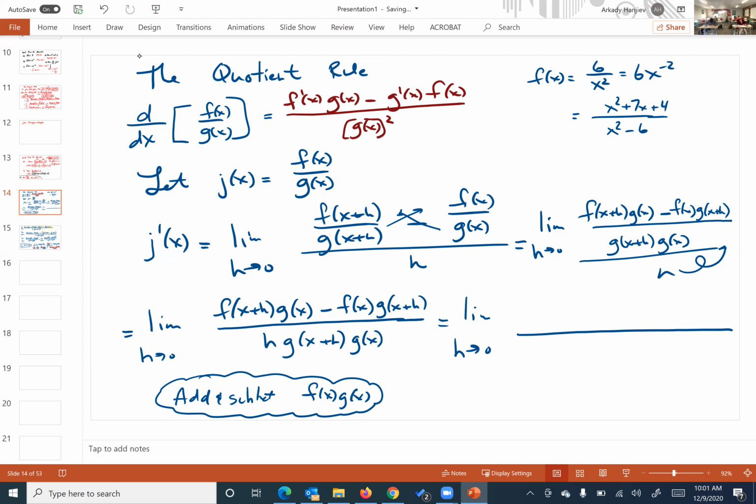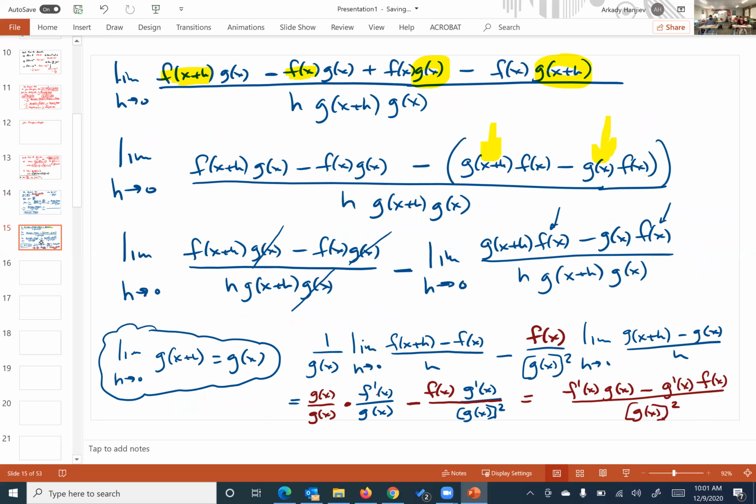The way that I did it, I got the same thing, but what I did was I made the denominators for the first section g of x plus h squared from the beginning, and then what I added and subtracted was f of x times g of x plus h all over g of x plus h squared.